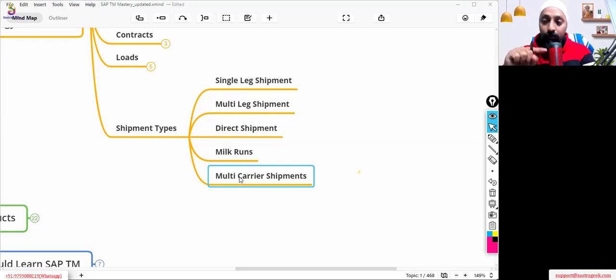You go from one customer to another customer to another customer and come back. Multiple legs are there, but the same carrier. In your ocean scenario, one carrier picks it from your place and goes to the port. From the port, an ocean carrier takes it to the destination port, and then a third carrier picks it from there and sends it to the customer. That is the three-leg shipment, a multi-carrier shipment.